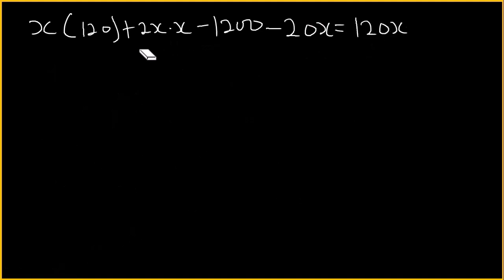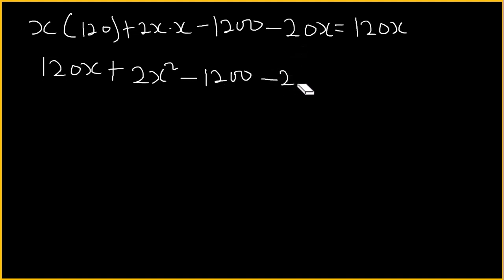So at this point we simplify. x by 120 gives us 120x, plus 2x by x gives us 2x squared, minus 1200, minus 20x is equal to 120x. So from this point we keep on simplifying.